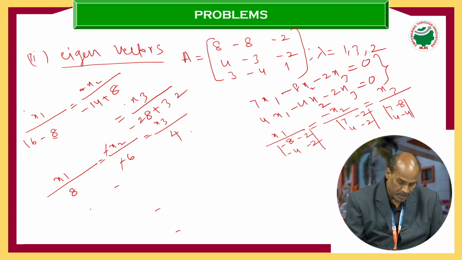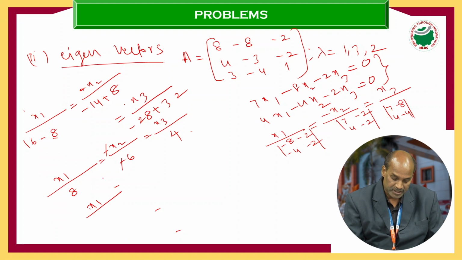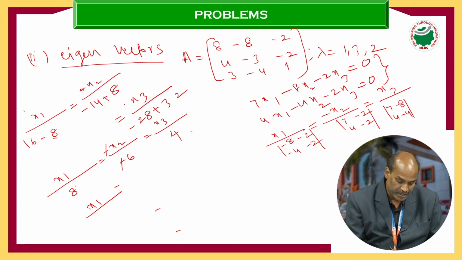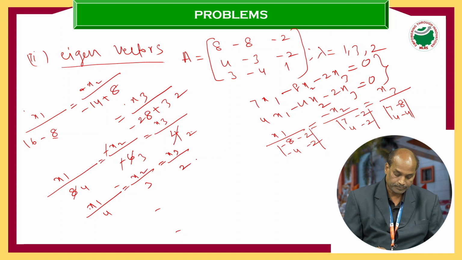Here x1 by 8, x2 by 6, x3 by 4. Dividing by 2, we get 4, 3, 2. So write x1 by 4 equals x2 by 3 equals x3 by 2.